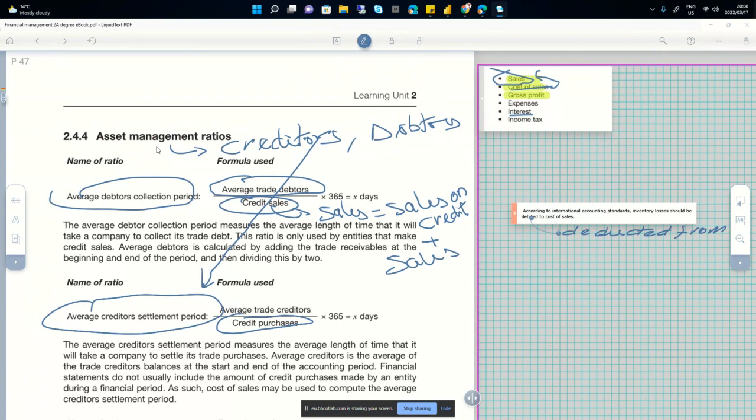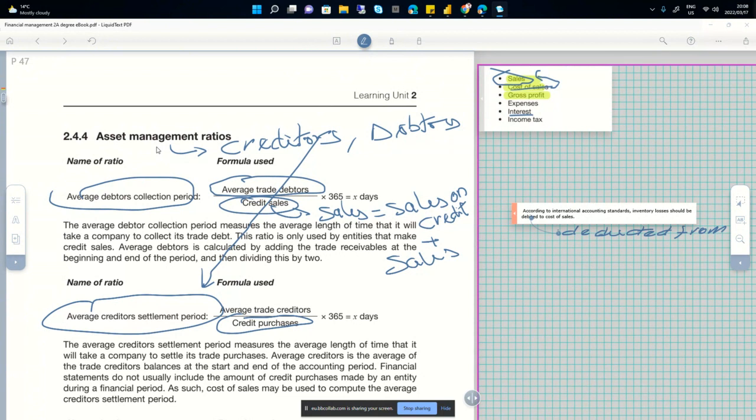So that's why it says credit sales. So don't just go and take sales and put it here. You have to get an indication of how much sales is on credit. How much of what we sell out is on credit. We give credit to people and they will be repaying. I mean, all of you would have a credit account at a particular store where you can take things on credit. And so we need to get an indication of how much sales is made on credit.